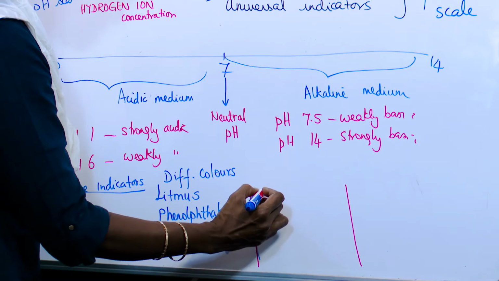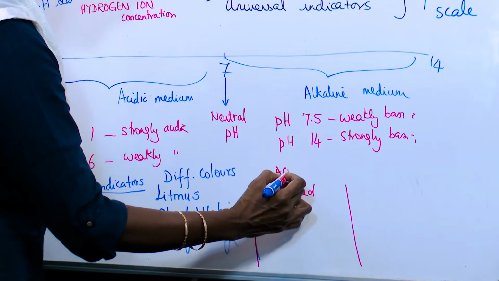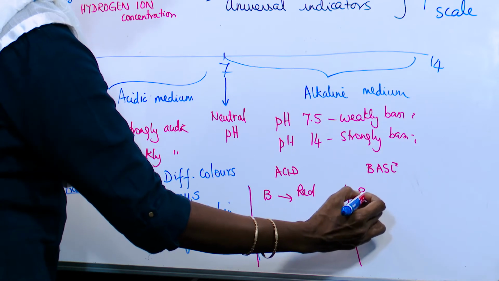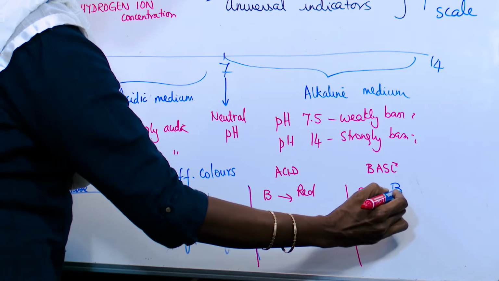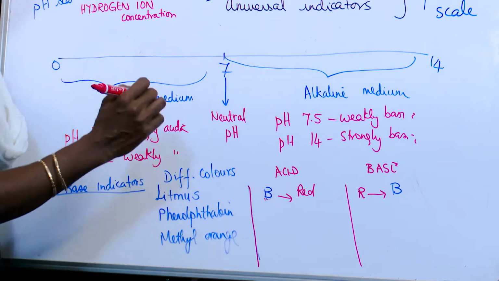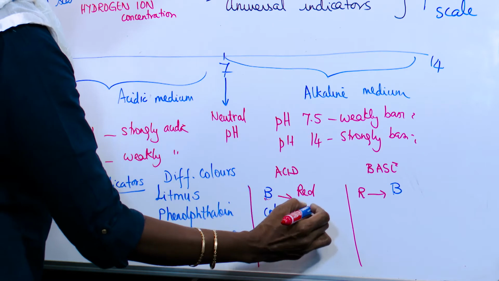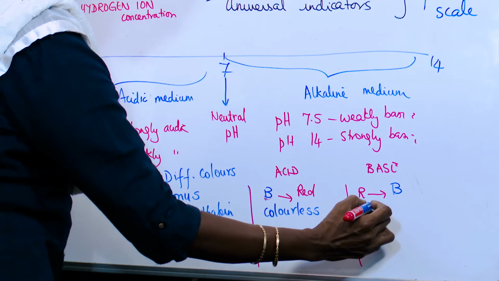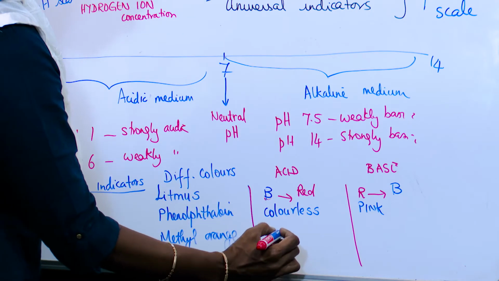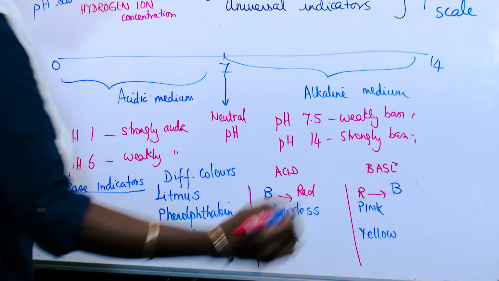Blue litmus turns red in the acid, and in the base red litmus turns blue. Phenolphthalein is colorless in the acid medium, whereas in the base it becomes pink. Methyl orange is pink in the acid medium and yellowish or orange in the basic medium.